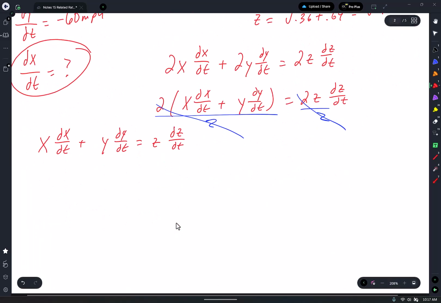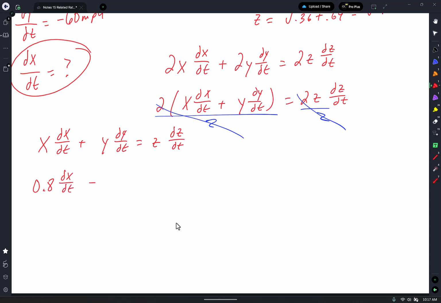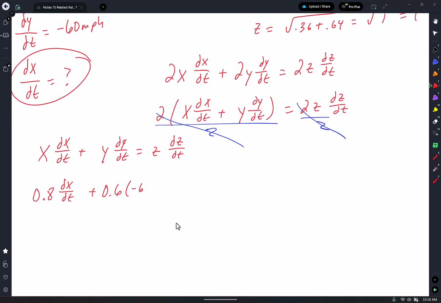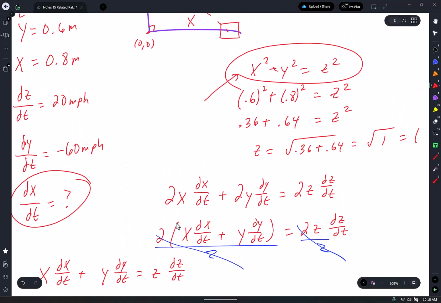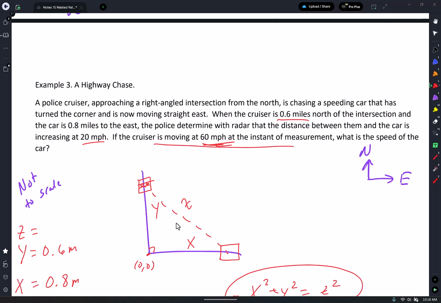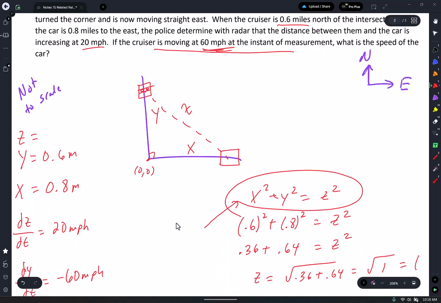I'm going to go 0.8, and then dx dt is what we're looking for, plus what was my y? And then I know my dy dt. What's my dy dt? Negative 60, equals z, which is 1. From the word problem right here. But it's moving down, right?